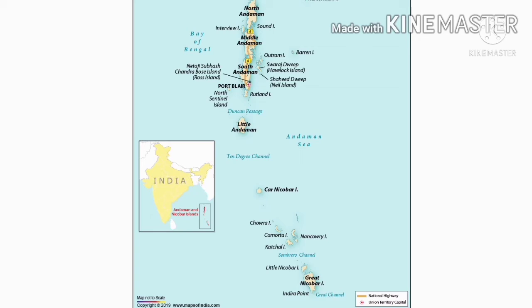They are bigger in size and are more numerous and scattered. Compared to the Lakshadweep Islands, they are bigger in size. Okay. The entire group of islands is divided into 2 broad categories. The Andaman in the north and the Nicobar in the south.